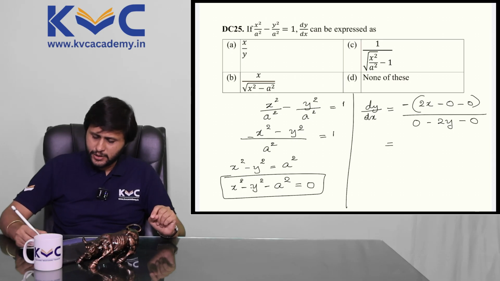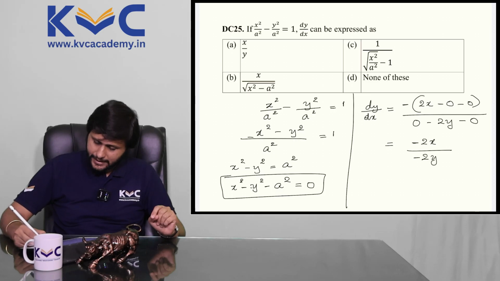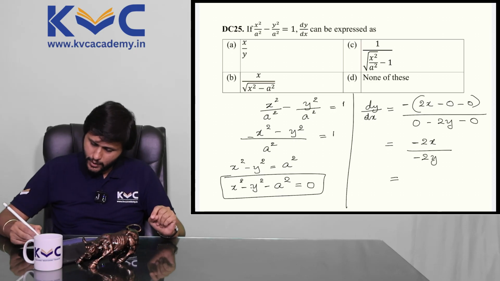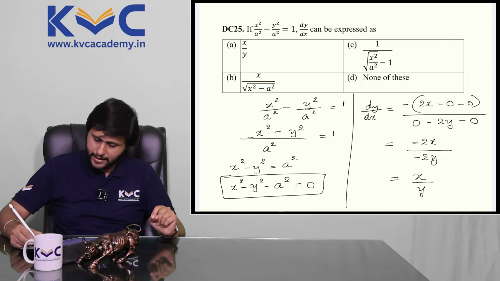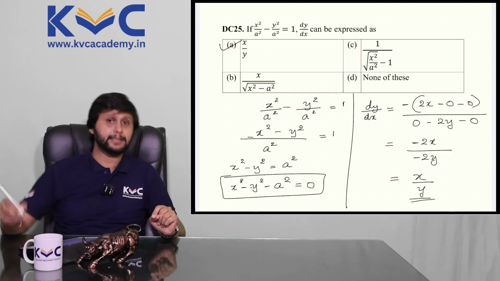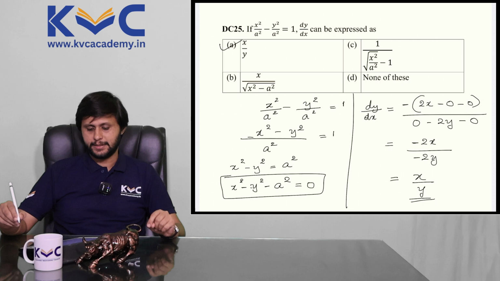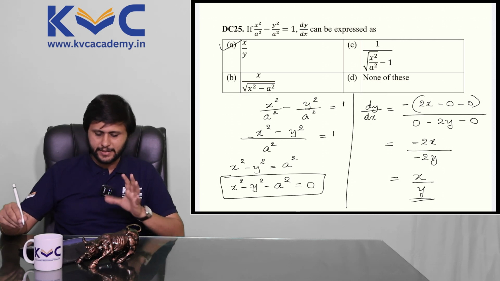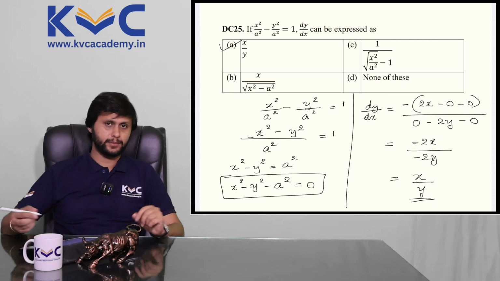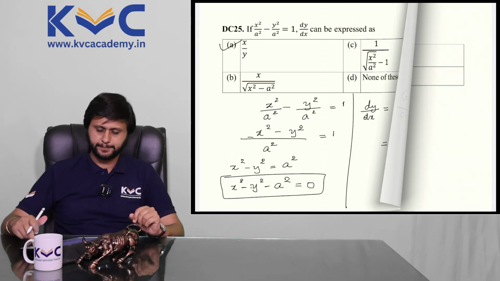So this is how fast you can actually solve when we use the shortcut method. So what cancels? Minus 2 cancels, we get x divided by y, which is there in the answer. Simple, right? So if you see the differentiation part, it's quite simple. We took more time actually to simplify the given equation.